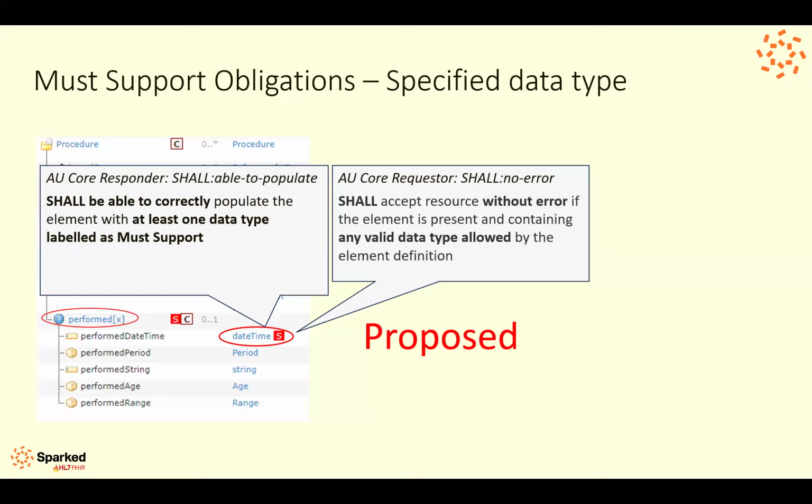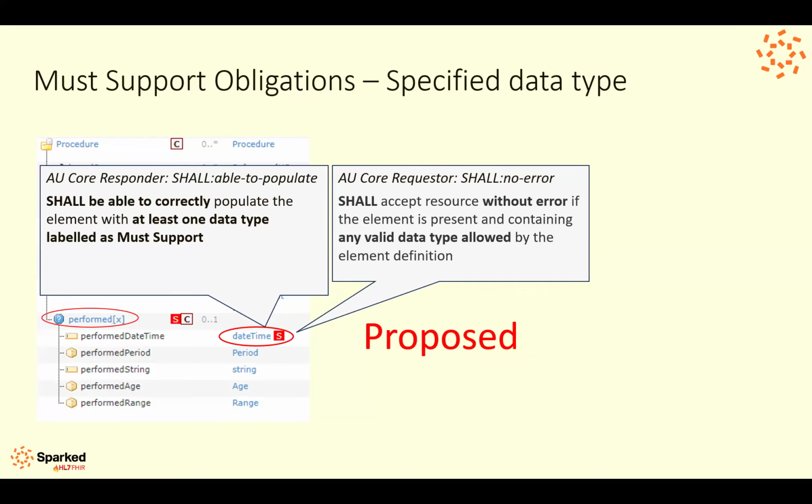If I've got a system and I have within my system a perform period, and I have the smarts in my system to be able to pull out a date time and populate that, and to convert it to a string and send it that way, and to make it into a range, and even to calculate the person's age and send it to that. So I'm in the position to send anything.